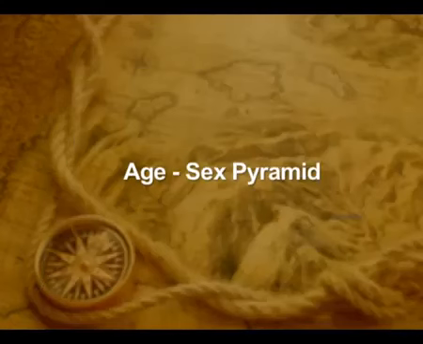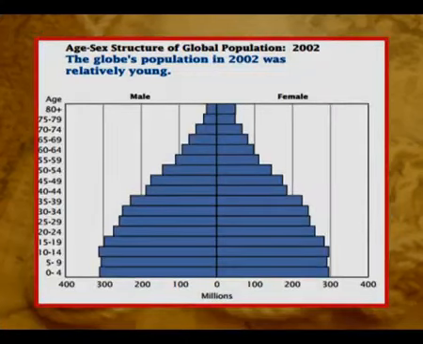Age sex pyramid. An age sex pyramid breaks down a country's population into male and female genders and age ranges. Usually, we find the left side of the pyramid graphing the male population and the right side of the pyramid displaying the female population.